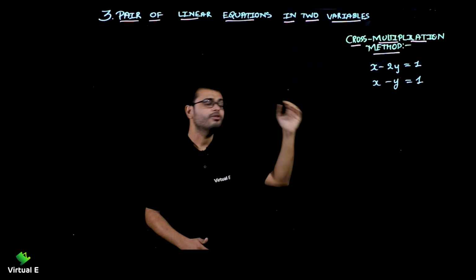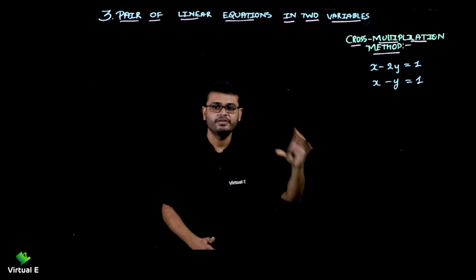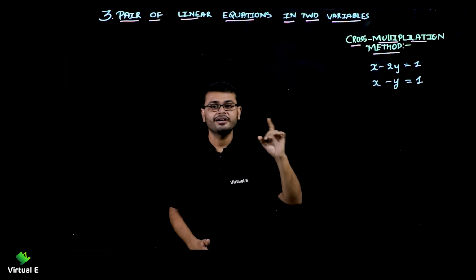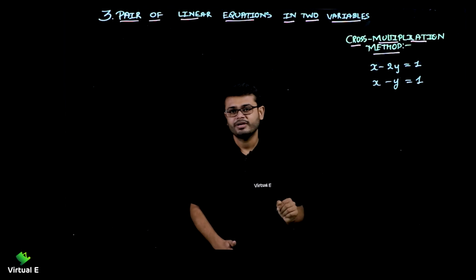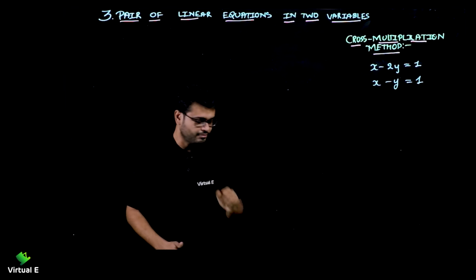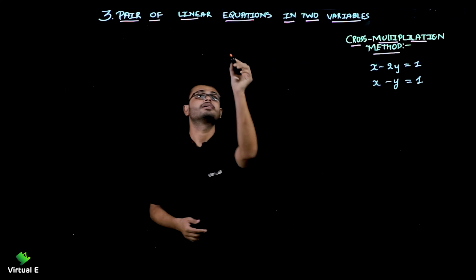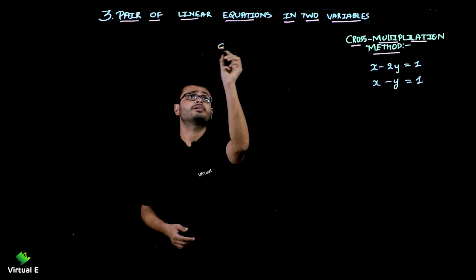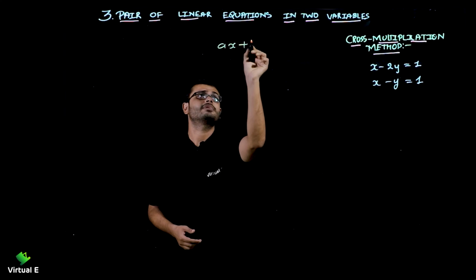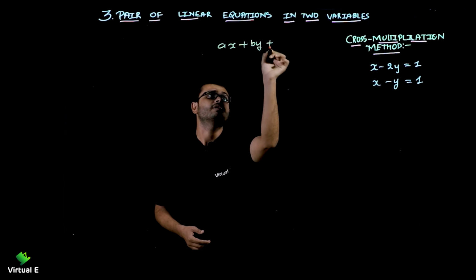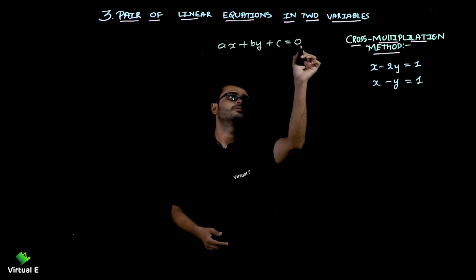Okay, so before we move on to that formula, we need to remember one standard form of pair of equations. What is the standard form? You must have learned this equation in grade 9, that equation can be written as ax plus by plus c is equal to 0, right?